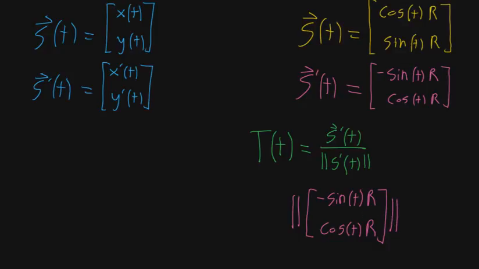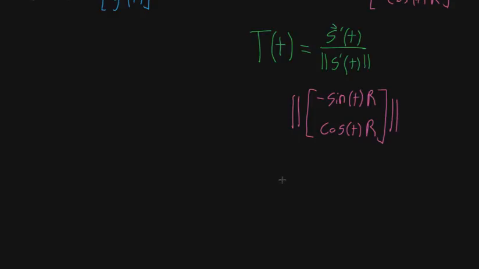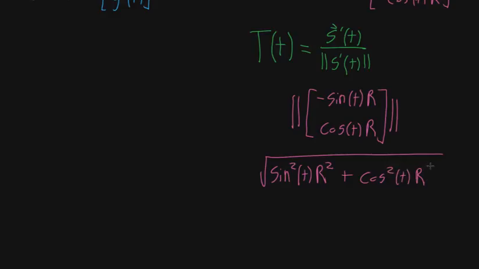What we get is the square root of sine squared. Negative sine squared is just going to be sine squared. So sine squared of t multiplied by r squared. And then over here, cosine squared of t times r squared.